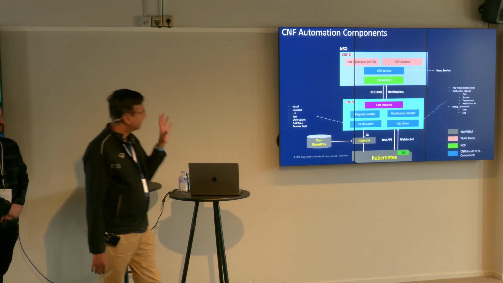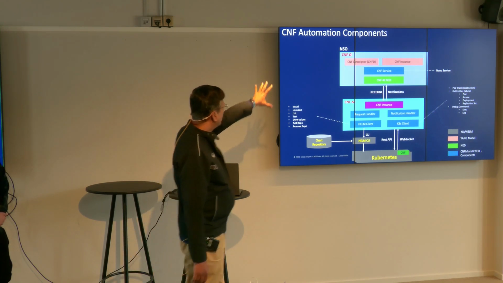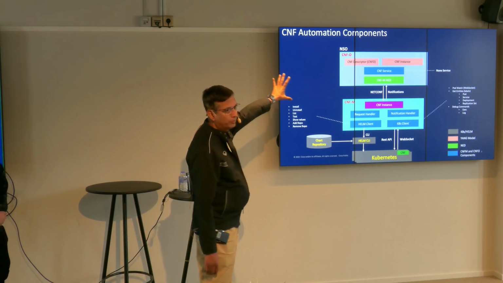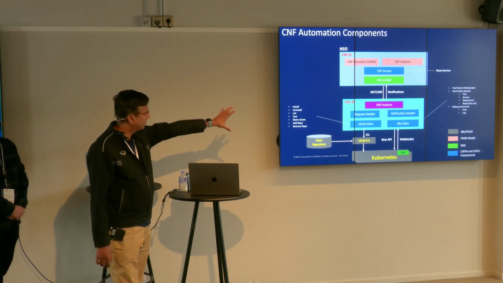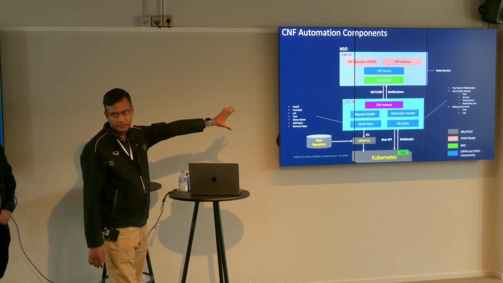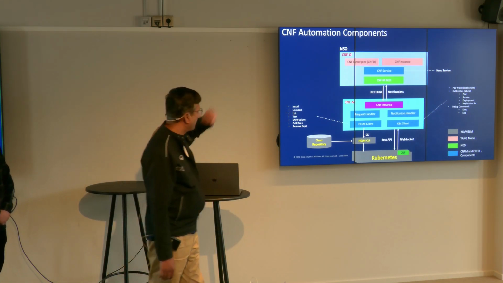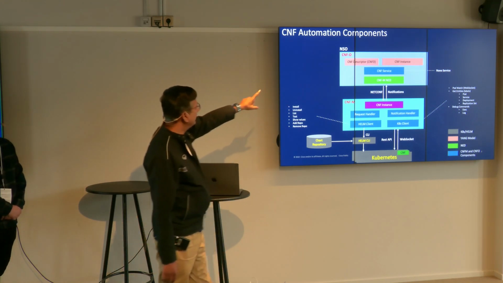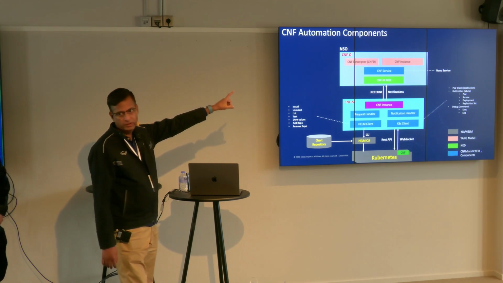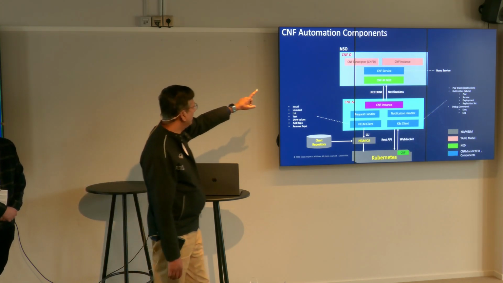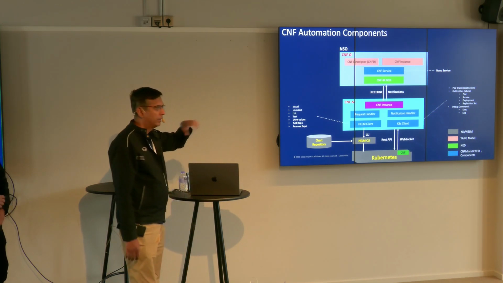So what is inside that service package? This slide gives you that detail. As you can see here, the top box, the CNFO, runs inside NSO, and the bottom box, CNFM, runs inside Kubernetes. But both functionalities are given as part of the core function pack. The first thing we do in NSO to create a CNF service is to define a CNFD. CNFD is a CNF descriptor, which basically points to a Helm chart.